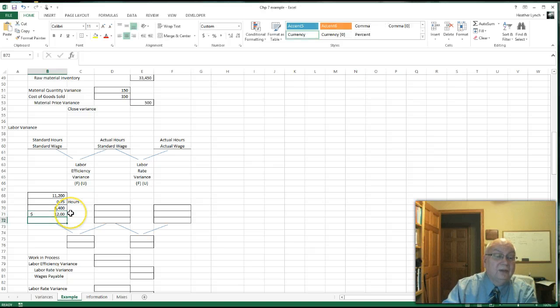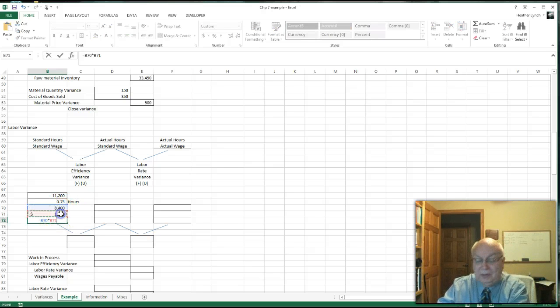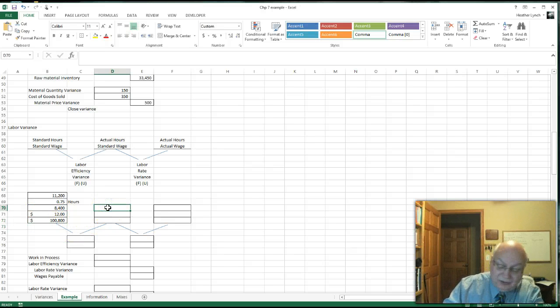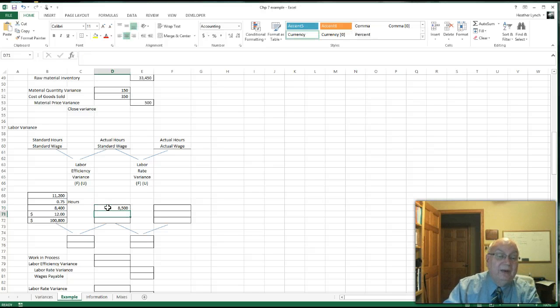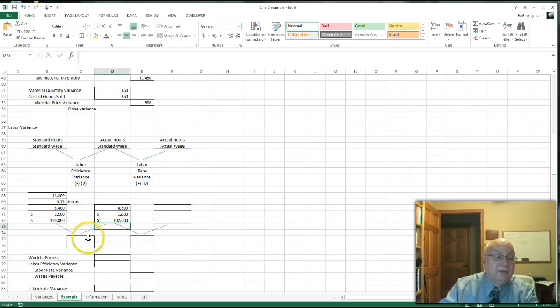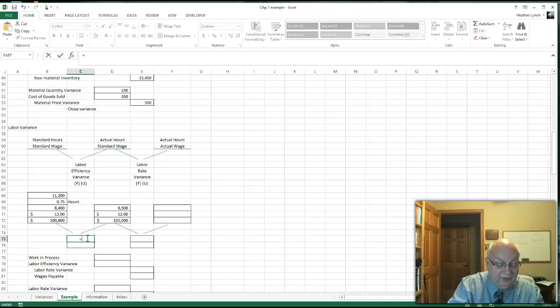Our standard wage was $12. So we have 8,400 times the 12, or 100,800. We actually used 8,500 hours. Standard, it was $12. So we take 8,500 times the 12, or 102,000. Okay, the difference is the absolute value.